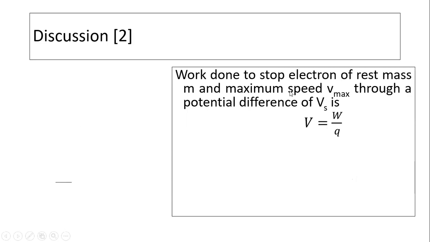Okay, so we are just using work done equals V times Q. Work done to stop an electron of rest mass m and speed v max through a potential difference of Vs is given by kinetic energy. Maximum kinetic energy equals the work done, or we can say loss in kinetic energy equals work done.